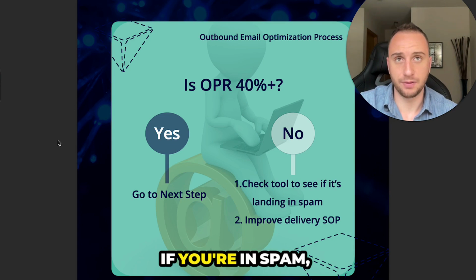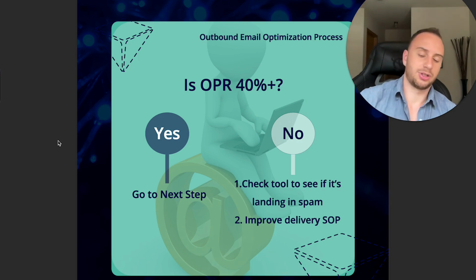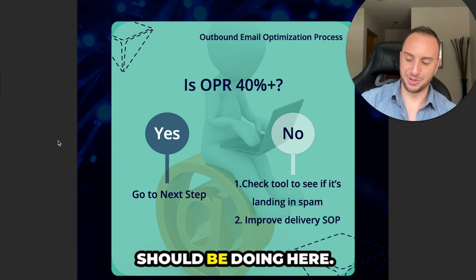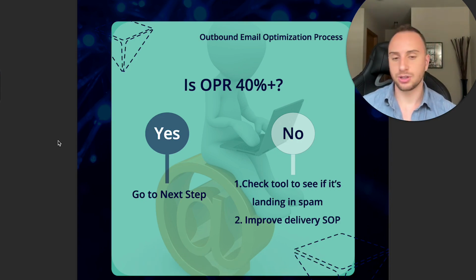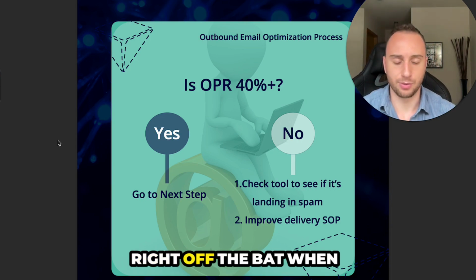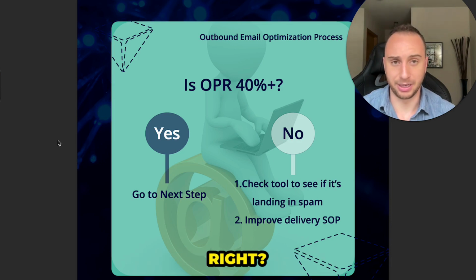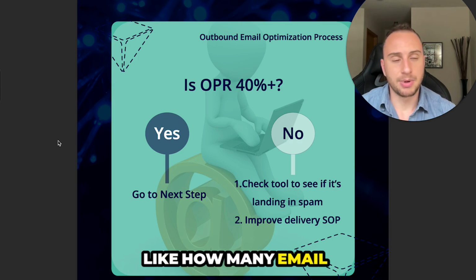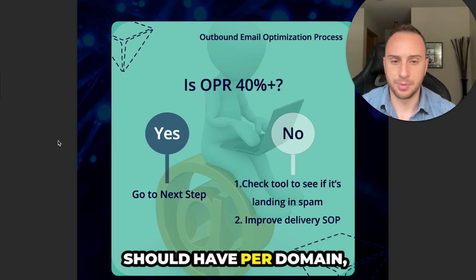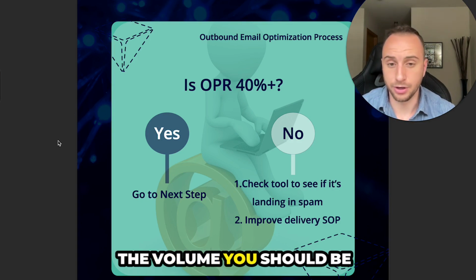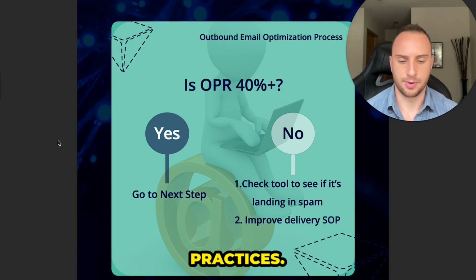Now, if you're in spam, there are a couple of things you should be doing. One is making sure that you're following the correct infrastructure right off the bat when you're doing an email campaign: how many email addresses you should have per domain, the volume. You should be following all those best practices.